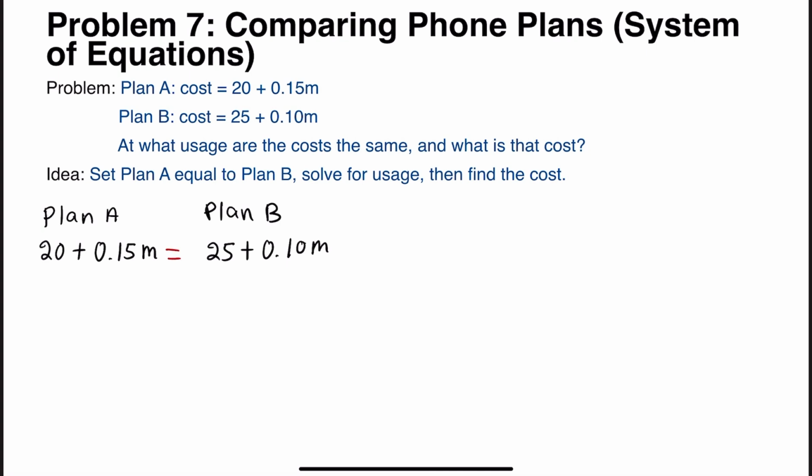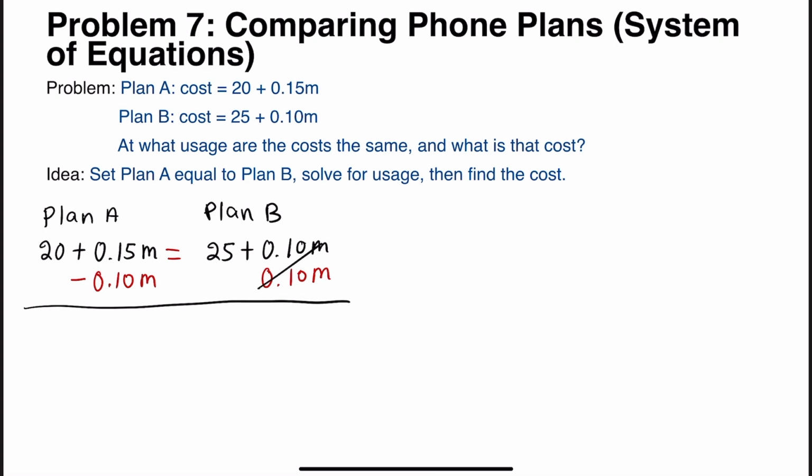Okay, so since we've done that, we need to solve for m. And we can do that by subtracting 0.10 m from both sides. As you can see here, they cancel out on the right hand side, right?